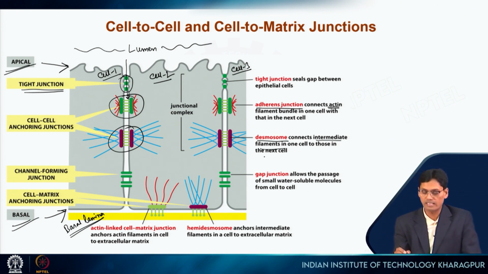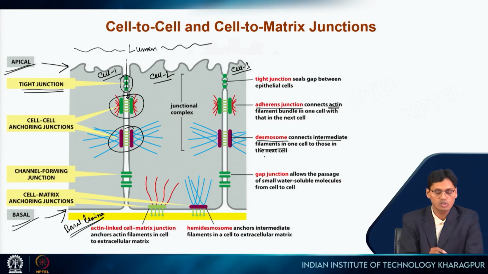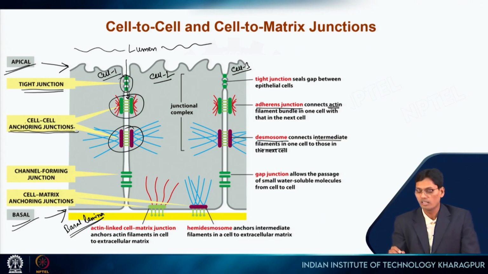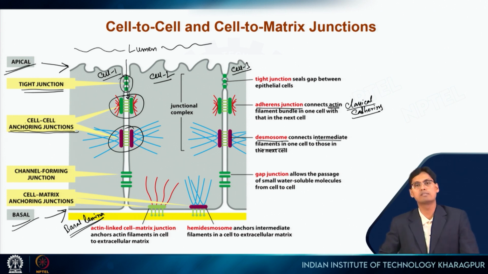As I already mentioned, adherens junctions and desmosomes together are called anchoring junctions. In the adherens junction, the major proteins involved are classical cadherins. Cadherins are a very big group of cell adhesion molecules.